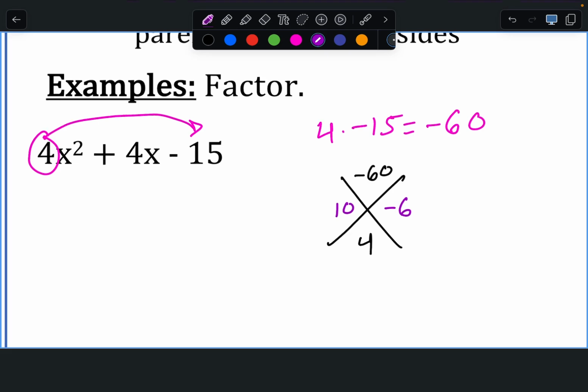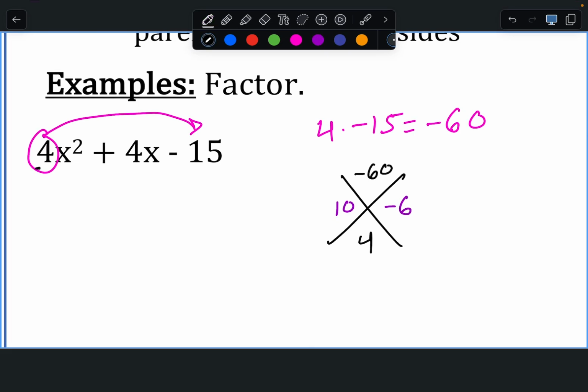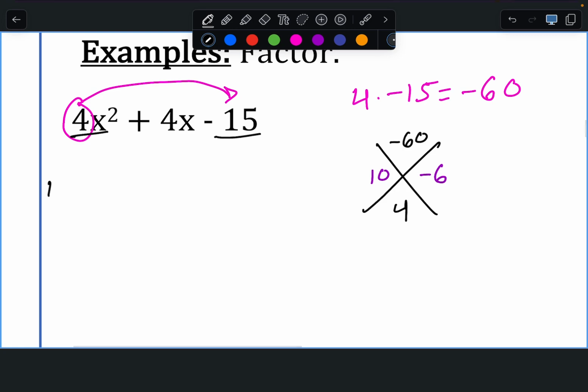So what I'm going to do is keep my first and my last term the same. So I'm going to say 4x squared. Now this 10 and this negative 6 are splitting from this 4x. So I'm going to say this is plus 10x and this one is minus 6x. And then I'll keep my negative 15 in there.